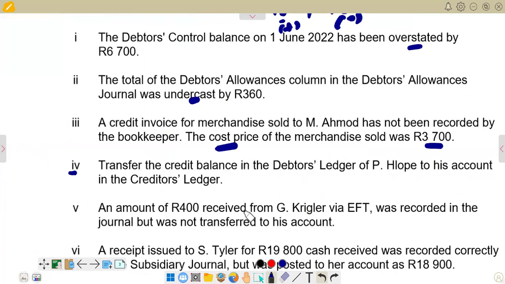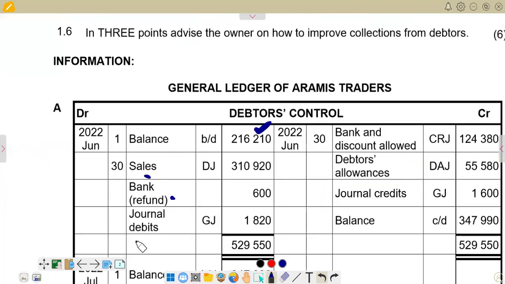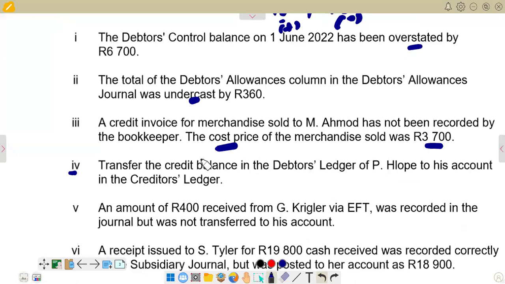If you go down, you see that this is the last item, which is journal credit. Then we have the balance. So I suppose we've exhausted everything. But before you go and balance the account, you can just go through the information again to see if we have got anything that is to be added that is described in the question. You see that there's nothing that we have there. So we go there to balance that account.